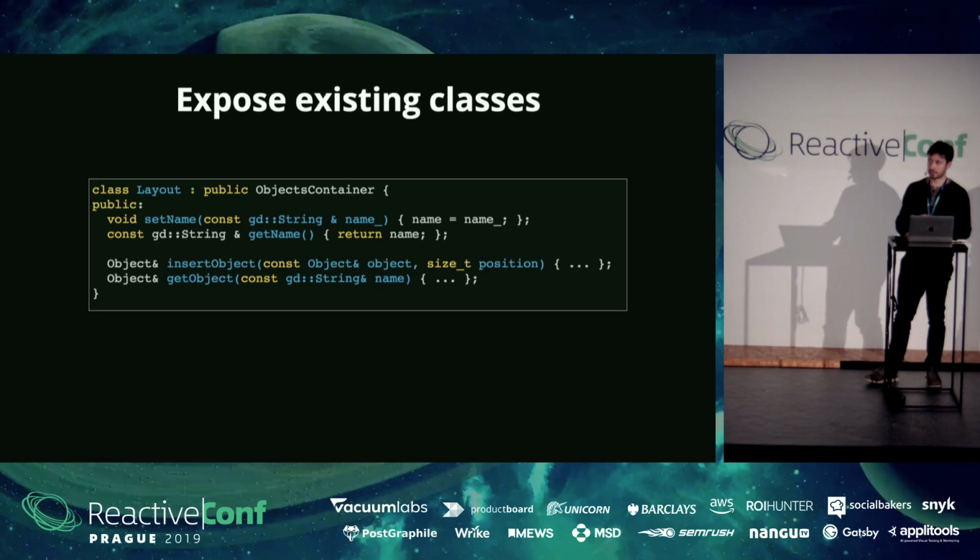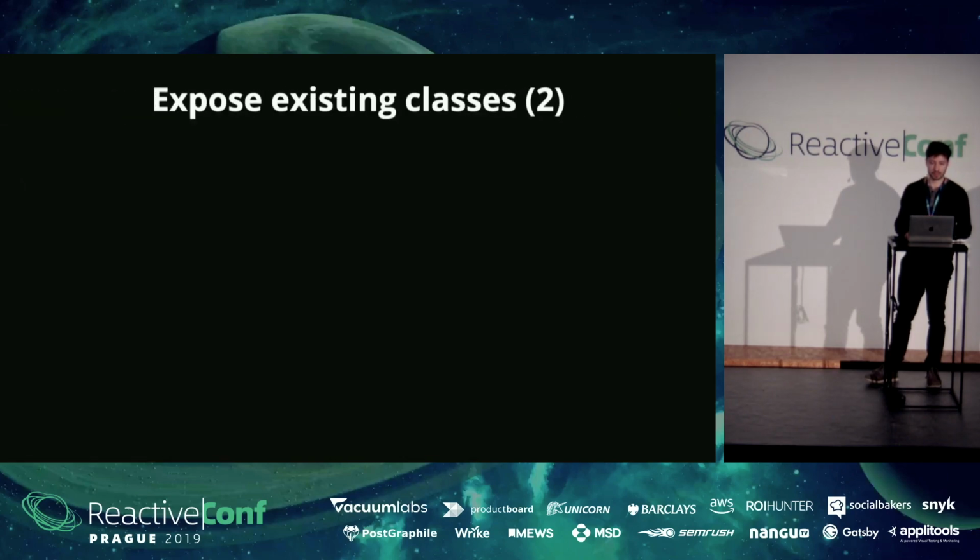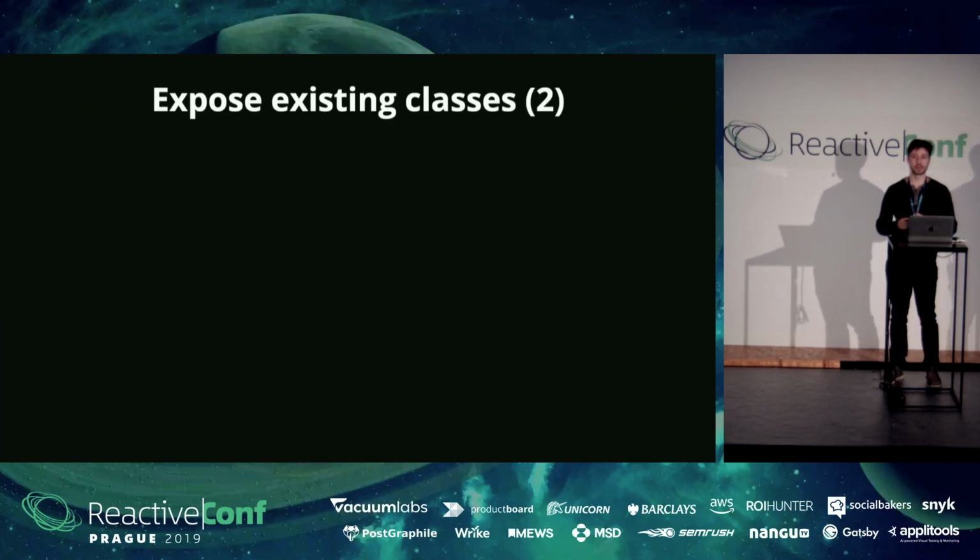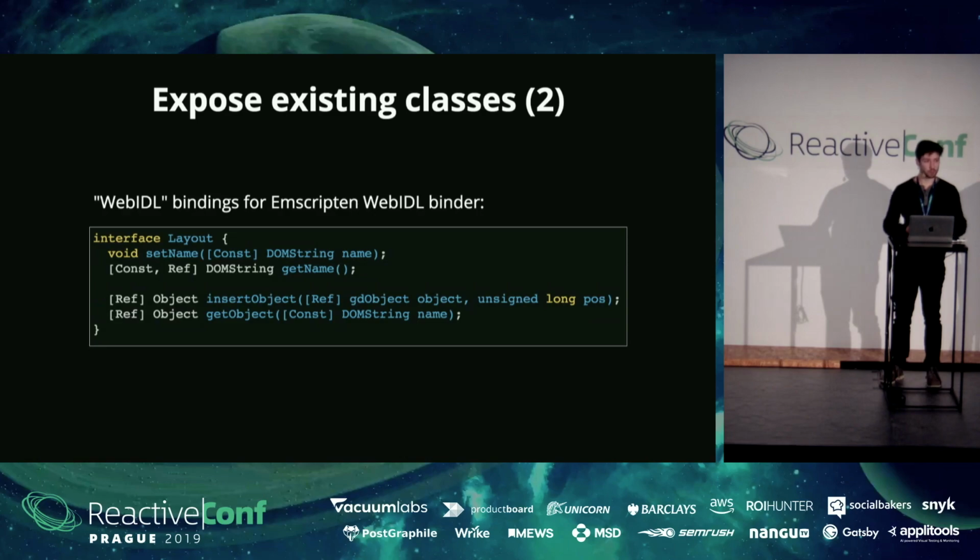The idea is that you have to write the interface so that Emscripten knows what classes to expose to JavaScript. That looks like this. There are multiple ways of doing it. In my case, I've been using something called WebIDL. It's an interface definition language used by the W3C to write the specification for the DOM.